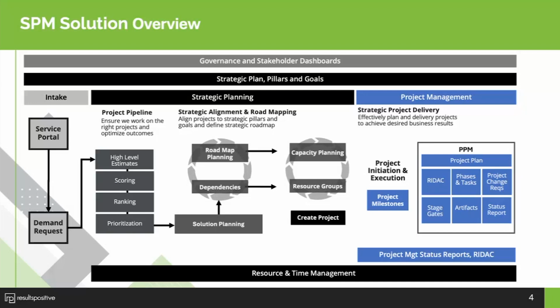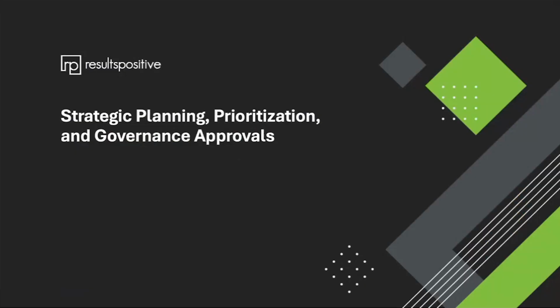Then check and confirm that we've got capacity to execute, get approval, create the project, and then do project execution using the project workspace. And then down at the bottom we have resource and time management. A key component that we always see as a key success factor is reporting, and so that's another area that we focus on.